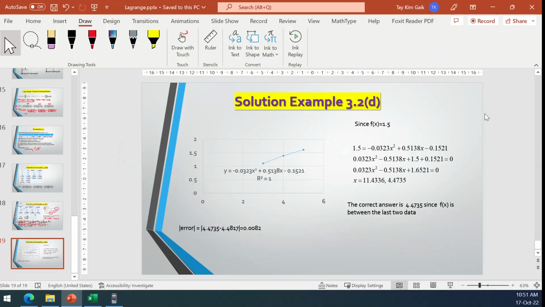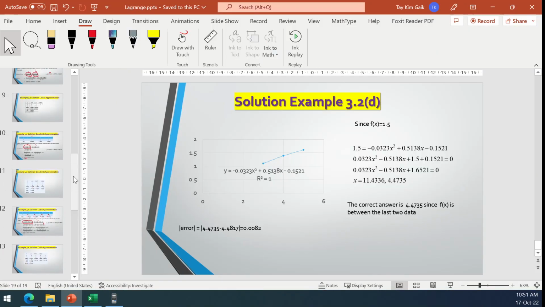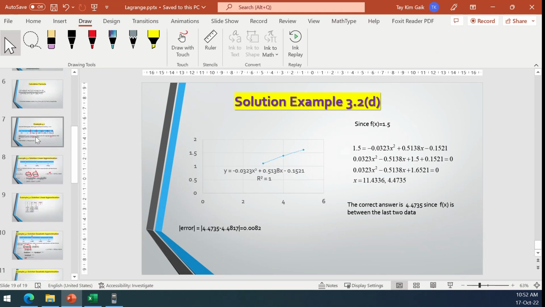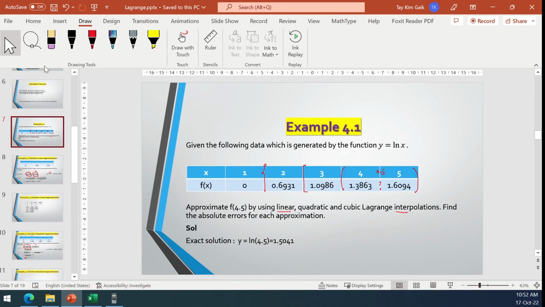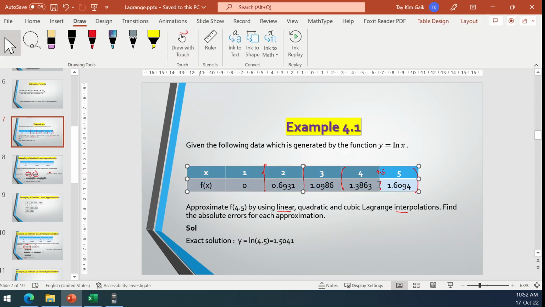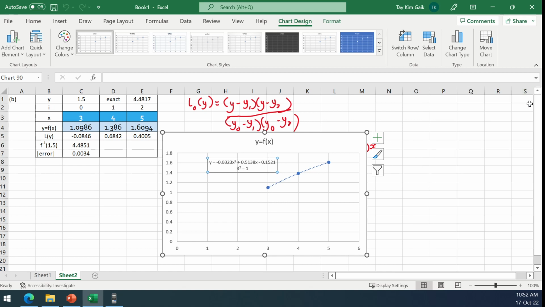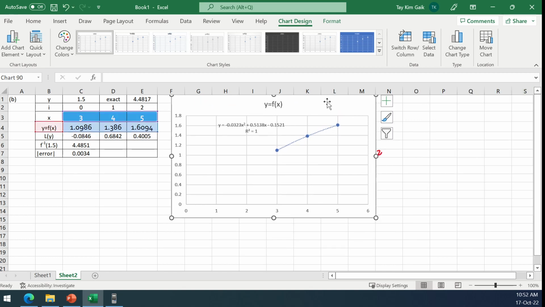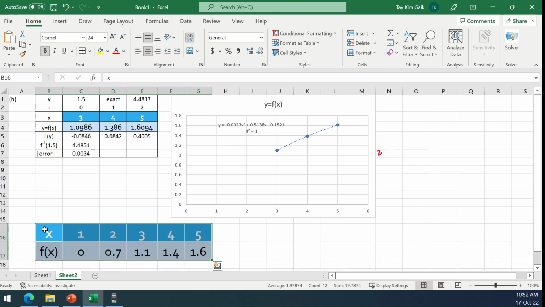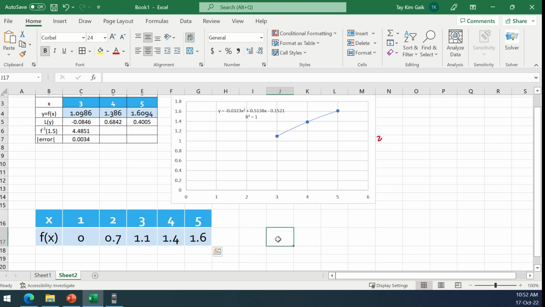unless you take out all 5 data and then you ask to get the equation. If you take out all the data, this one you close it, you see this one, take out all the data here, then you can get the quadratic equation, but it will be a different equation compared to what you obtain manually.